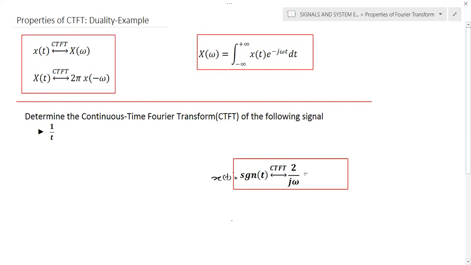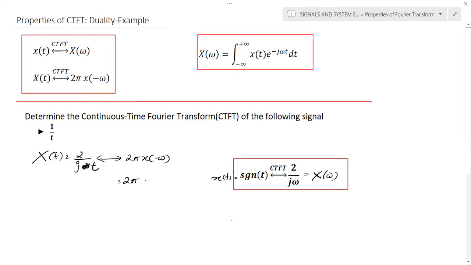This is x of t and this is x of omega. So from this we can write capital X of t is equal to 2 by j t, and the continuous time Fourier transform of this particular signal is 2 pi x of minus omega by using the duality property.